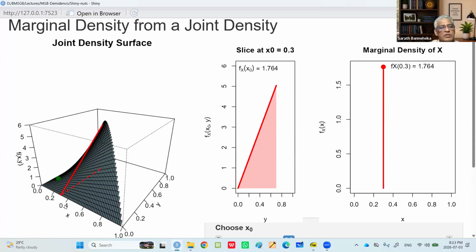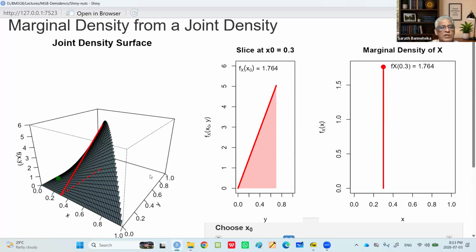So now, as I mentioned, if you want to find out the marginal density of x evaluated at 0.3, you'll have to consider cutting this surface vertically along the x equal to 0.3 line. And then you will see a certain curve or a straight line, whatever, on the surface if you look from this side, right?